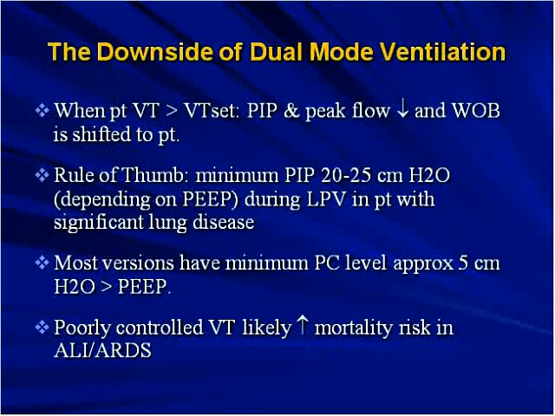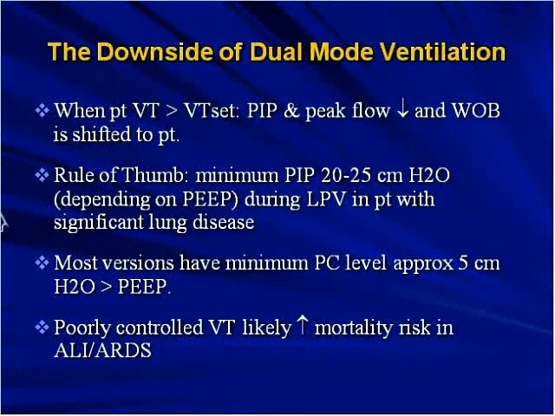So the rule of thumb I have with this is that the minimum peak inspiratory pressure during lung protective ventilation should be about 20 to 25 centimeters of water, depending on your PEEP level. So in other words, you want it at least 10, probably more like 15 centimeters of water greater than your PEEP level to ensure that the ventilator is actually offloading the work of breathing.